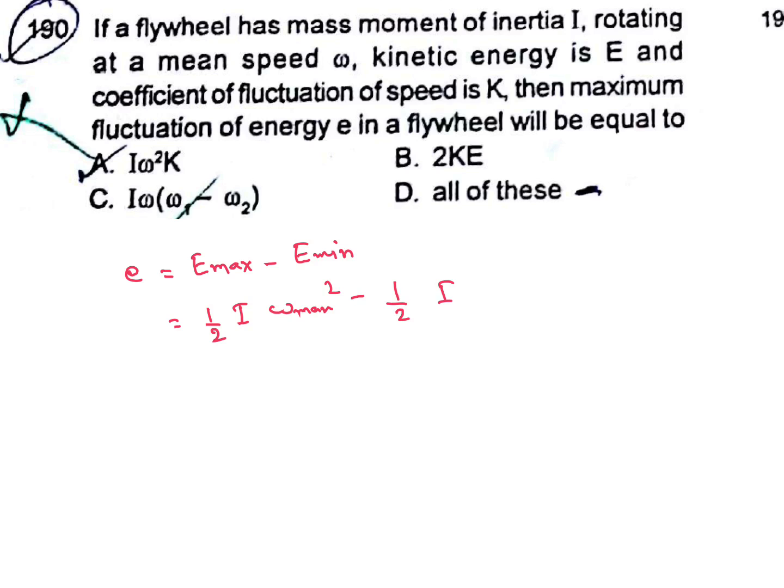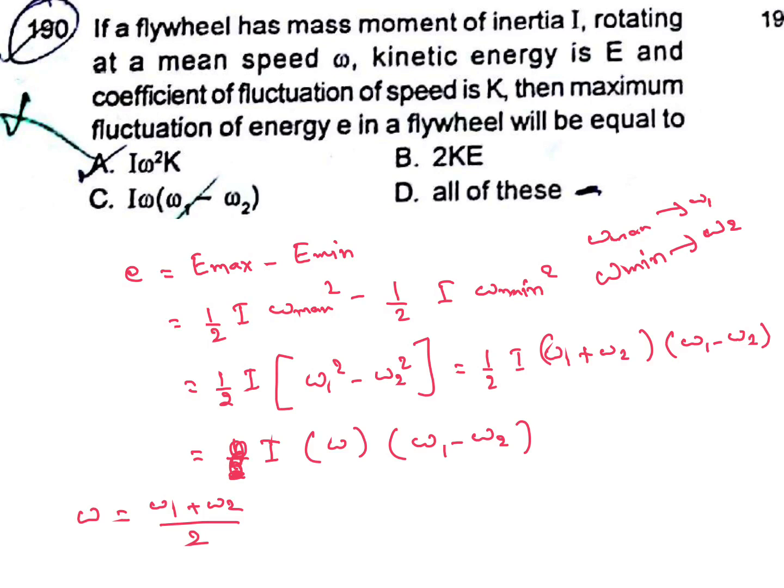Here in this question omega max is taken as omega 1 and omega min as omega 2. If we solve this, we get E equals I times (omega 1 minus omega 2) times (omega 1 plus omega 2) by 2, where omega is the mean speed. So from here, option C.